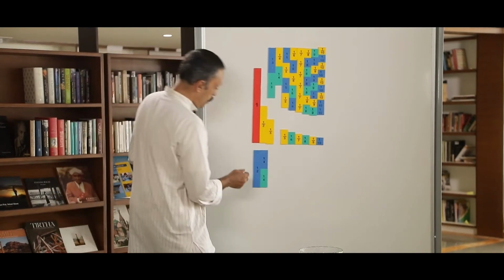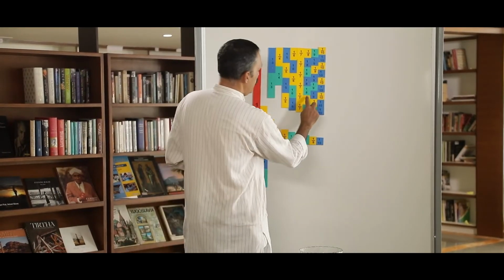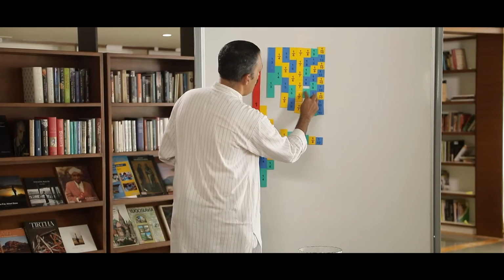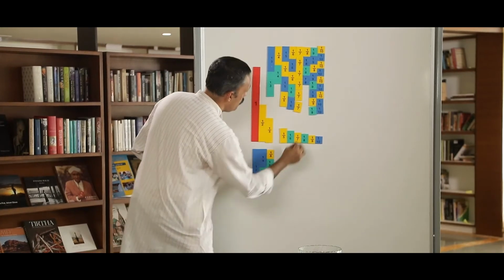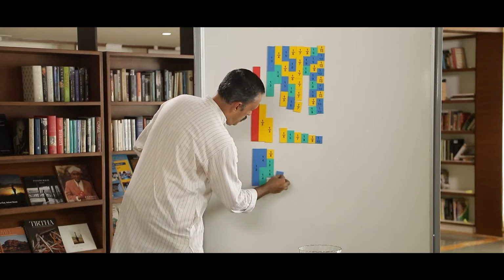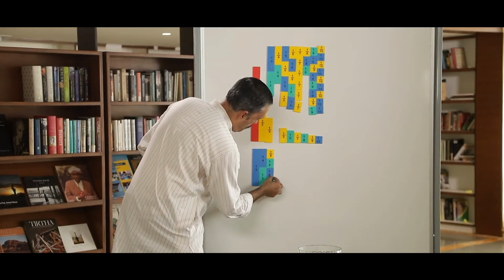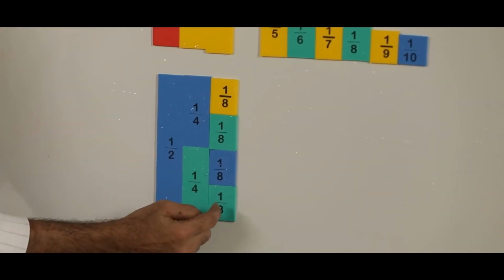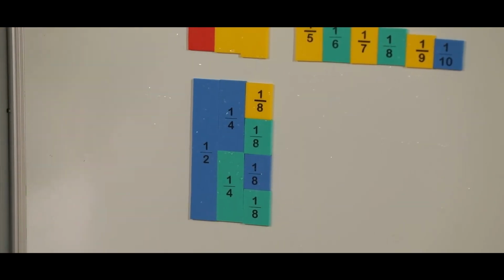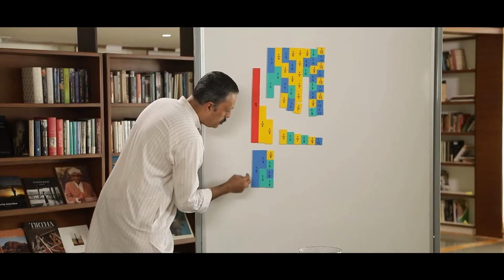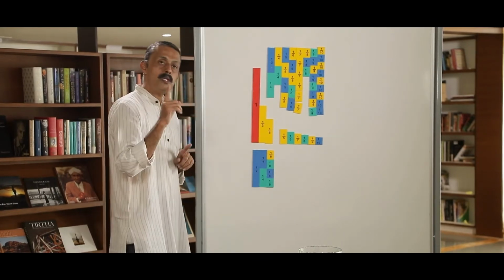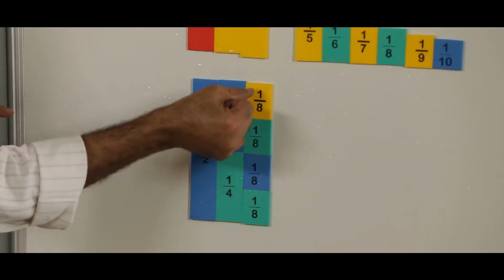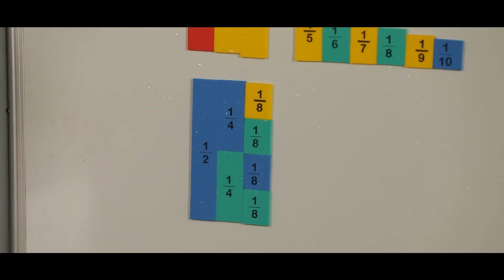What will happen if we join this to 1/8? It's right. If I have 4 1/8s, if I join them, I get 1/2 portion. That is, this half is equal to 4 portions of 1/8.